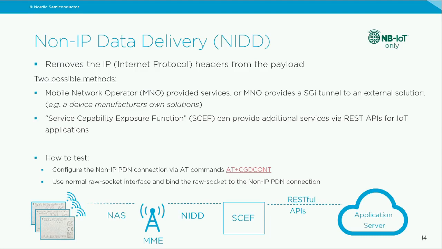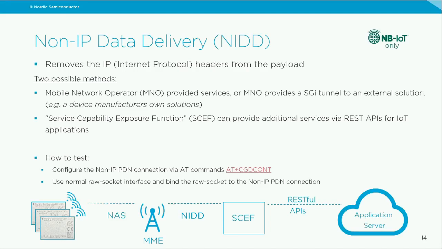For example, timing info, the PSM sleep, how long it's going to stay in PSM sleep, and through this information you can actually synchronize your application service to actually send data when the device is awake, for example. This is very important for networks that do not buffer data.